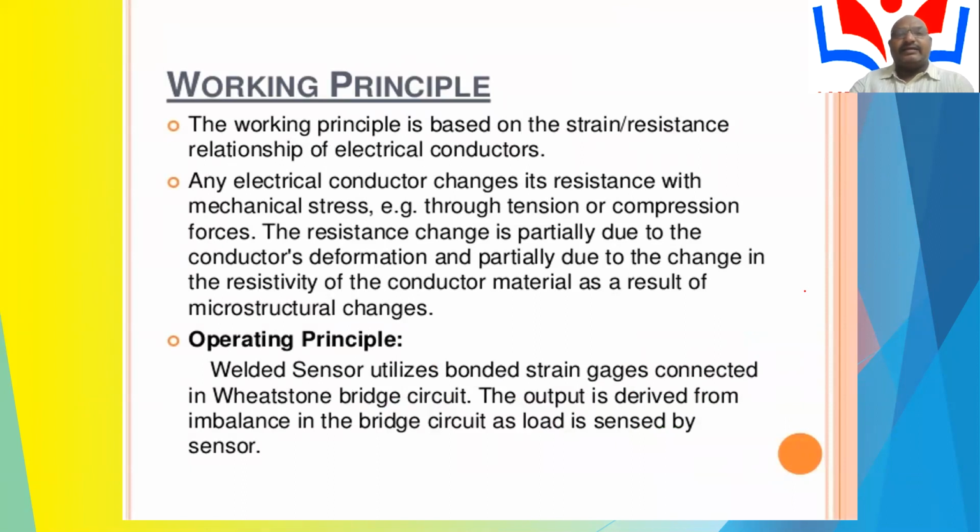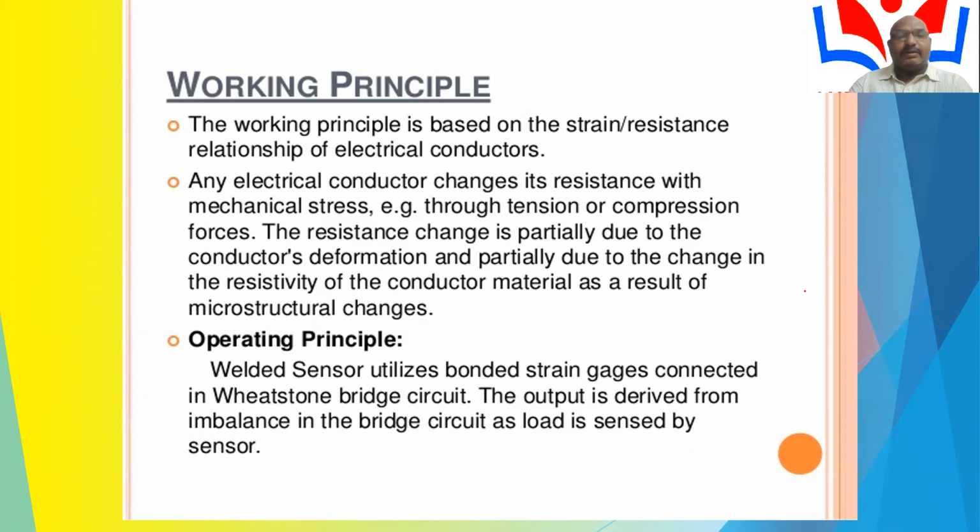Any electrical conductor changes its resistance with mechanical stress. Through tension or compression forces, the resistance change is partially due to the conductor's deformation and partially due to changes in resistivity of the conductor material as a result of microstructural changes.